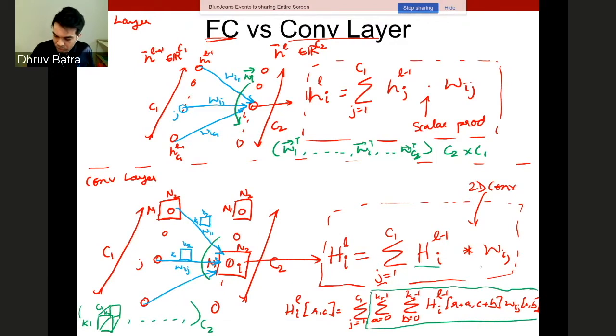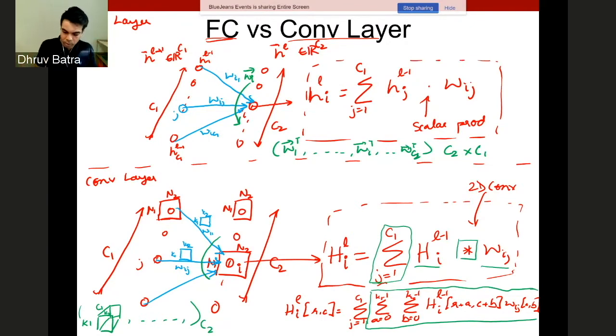Hi convolved with Wij gives you a two-dimensional object back, and we're summing up a bunch of two-dimensional objects in this summation. So we don't have to do any unrolling. If you're implementing this in Python or C++, then you will have to take care of the unrolling. But conceptually, as a mathematical operation, convolution has been handled by writing this symbol. And so now the output of that convolution is a two-dimensional matrix that we're summing over.